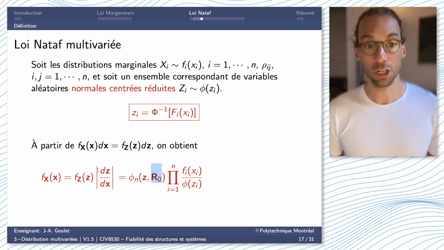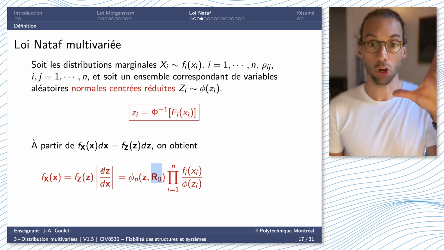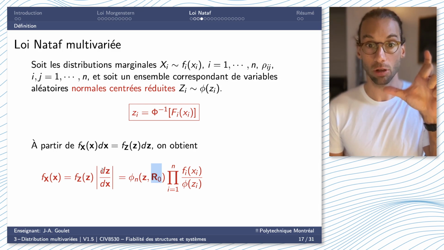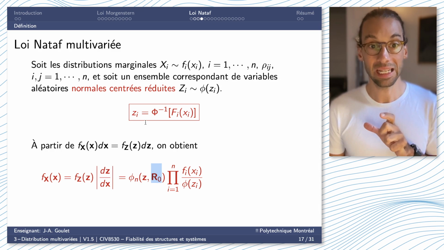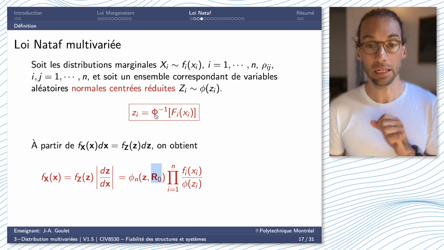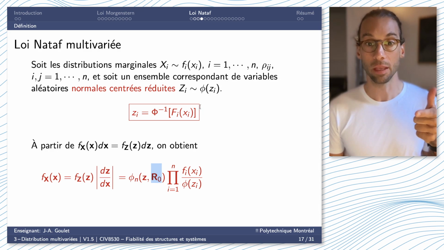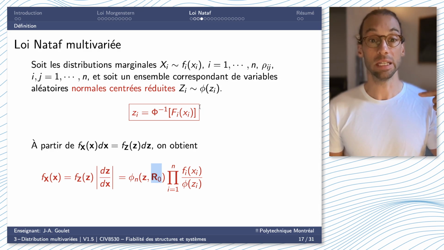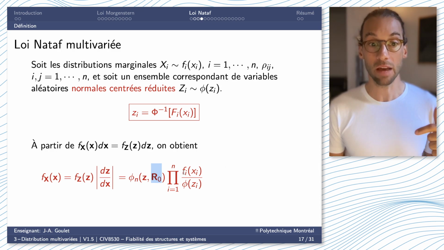And here, the determinant of the Jacobian is simply the product of the terms on the main diagonal of my Jacobian, where dz dx involves two CDFs. Remember, the derivative of a CDF is a PDF. So I'm simply going to have the ratio of my two PDFs, the PDF for my original space divided by the standard normal PDF for Zi.